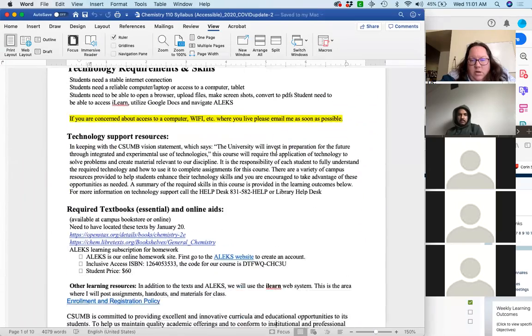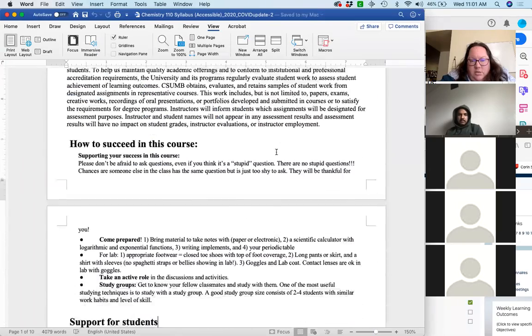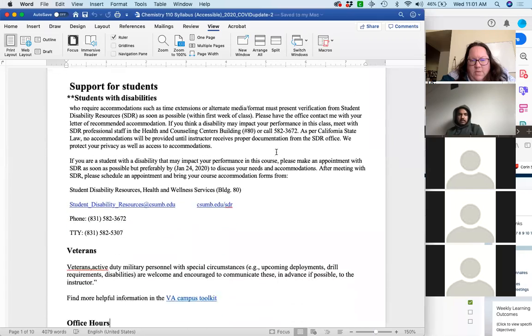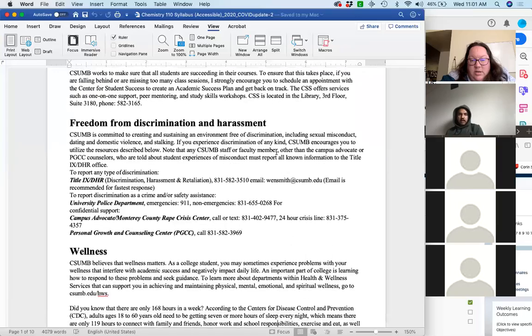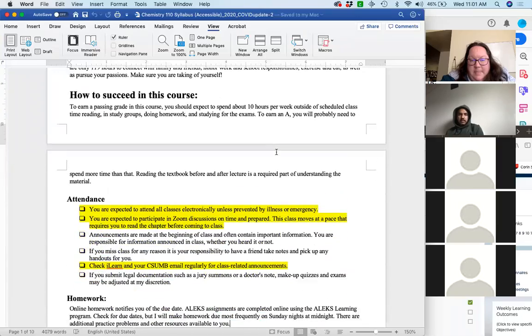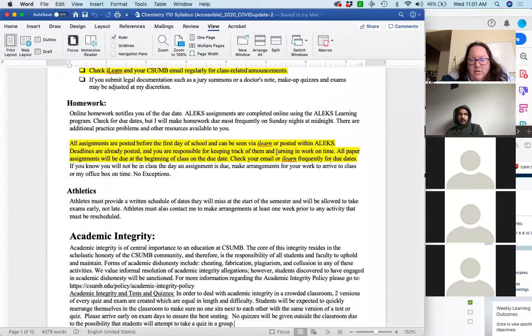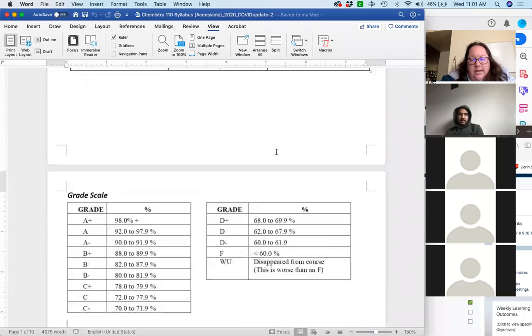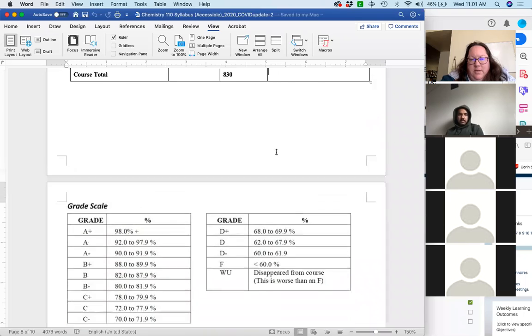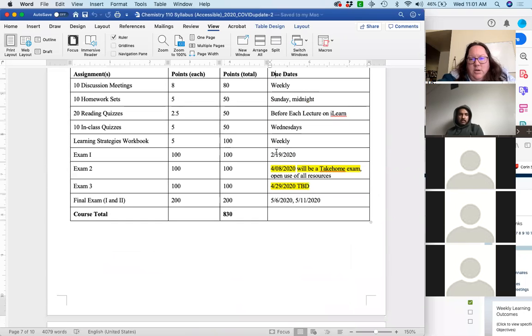But if we scroll all the way down to our schedule, one of the things you'll notice about schedule is the extent to which we've adjusted the exam. So normally you would be taking your exam right now for exam 2, but because of the changes that we made, your exam is on the 8th of April. So that's when we come back from spring break.